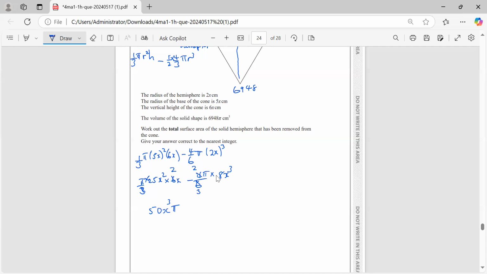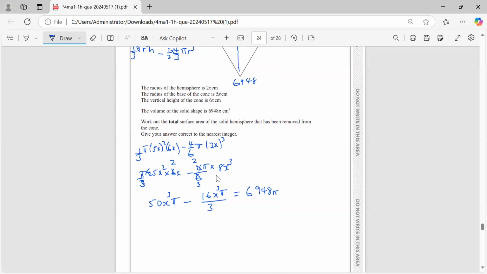And then we're going to subtract 2 pi times 8x cubed, which gives 16x cubed pi again, all over 3. This is equivalent to the volume of the solid shape that remained, which is 6,948 pi cubic centimeters, right?